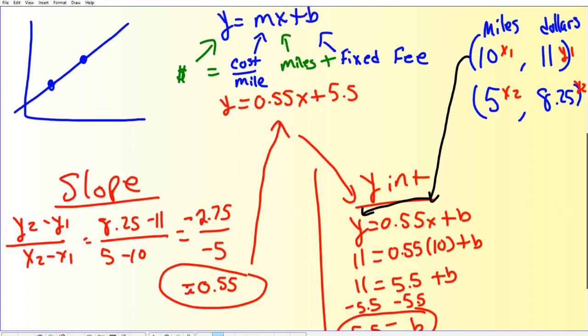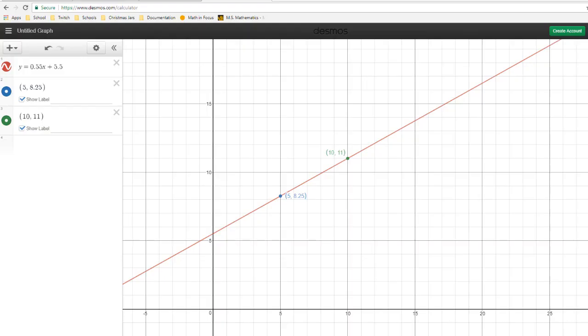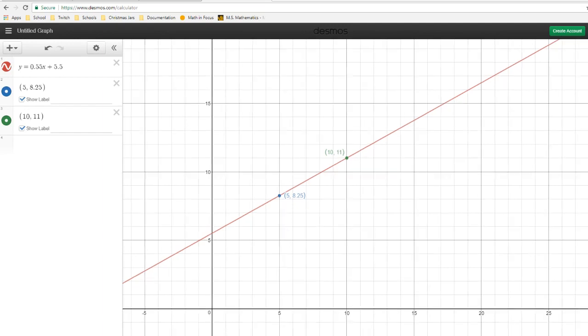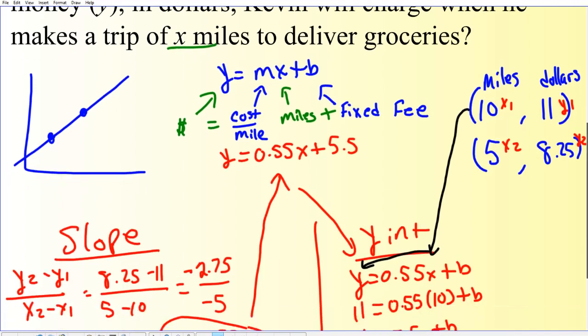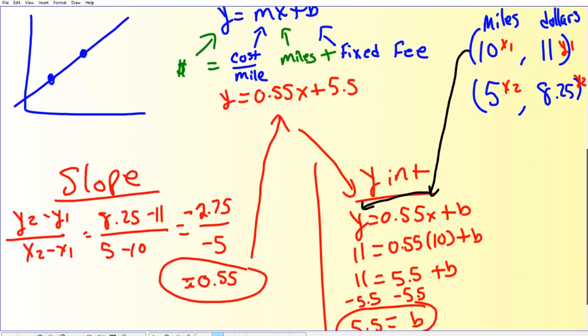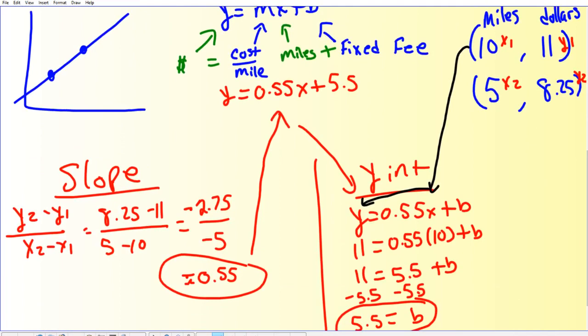And I just proved to you, using Desmos, that those 2 points are on that line. Oh, my cursor doesn't show up in Desmos. Interesting. But the equation I came up with is the correct equation. Okay? It seemed really hard, but not as bad as I originally thought.